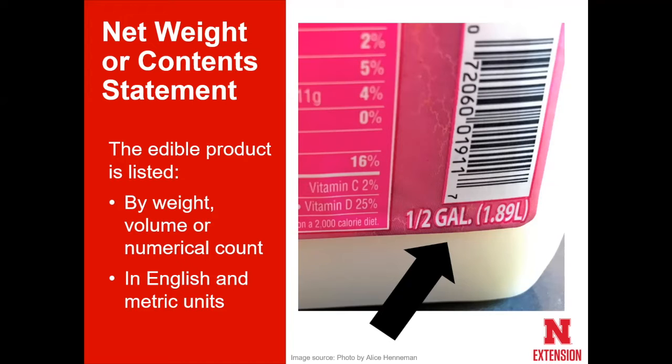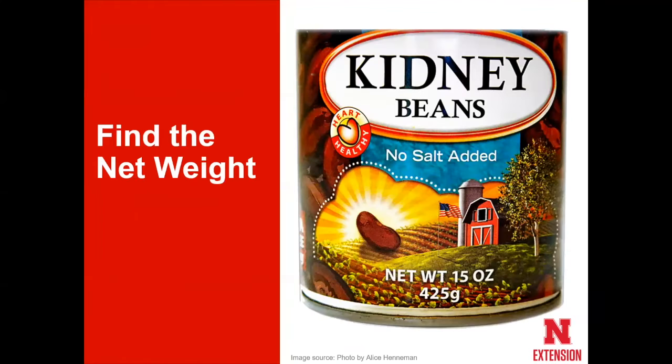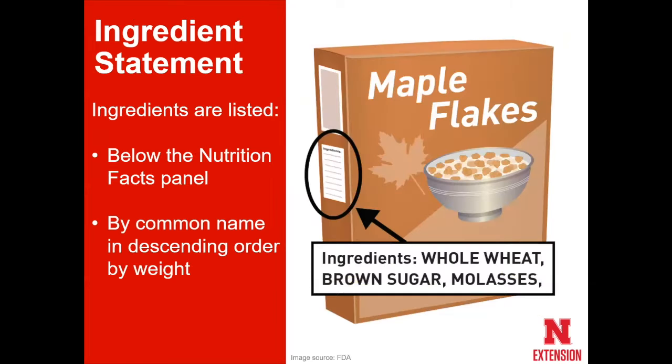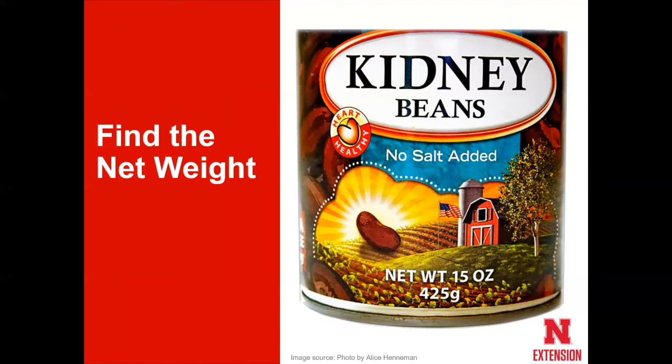It is required that the content is listed in both English and metric units. So in this product, you want to look at the bottom of the label. You can see the net weight is 15 ounces, and then it's also listed in grams, which is 425 grams.